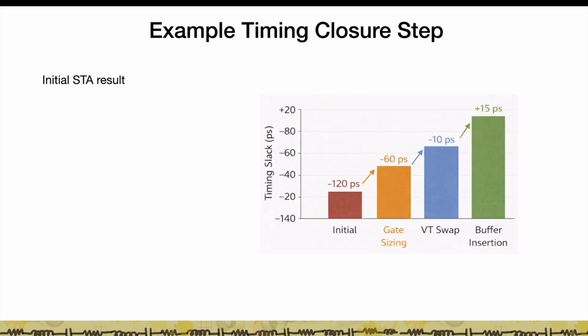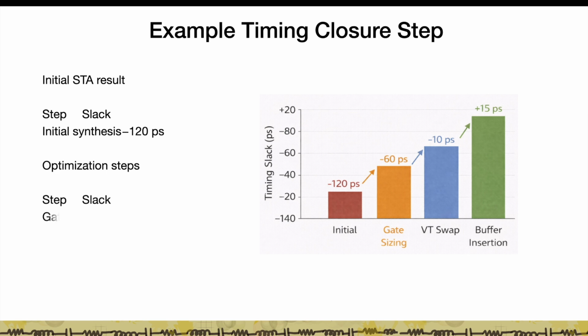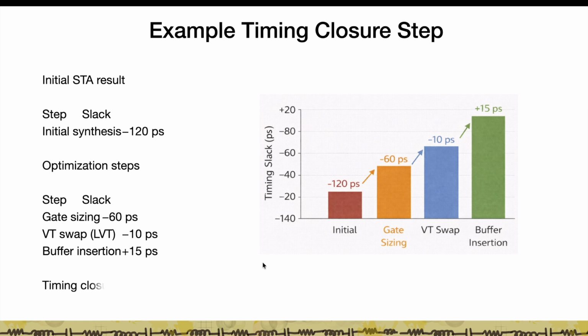Timing closure in real designs rarely happens in one shot. It's a progressive, iterative process. A typical journey might look like this. After initial synthesis, minus 126 picoseconds of worst slack. The design is failing significantly. Apply gate sizing, stronger drive cells on critical paths, and slack improves to minus 60 picoseconds.